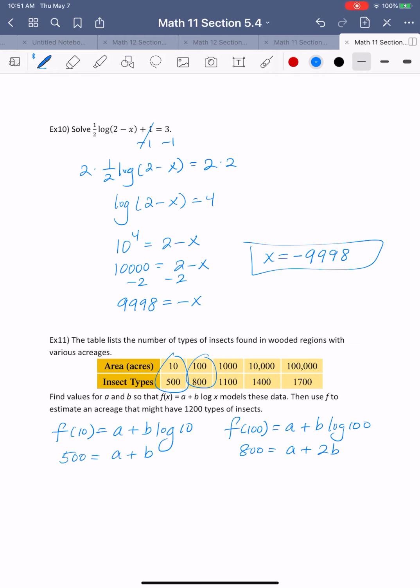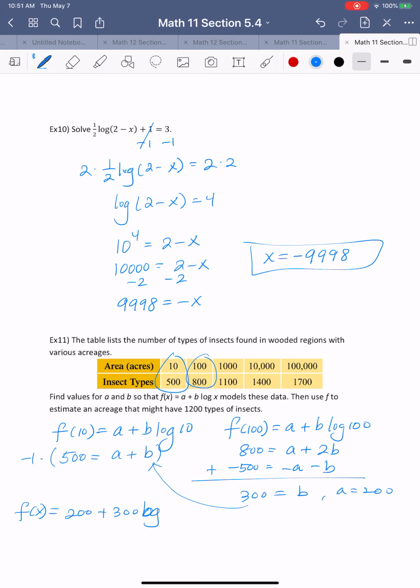Then I'm going to multiply this equation by -1. I got -500, -a minus b, add them up, 300 equals b. Now plug b in right here, so a is 200. So your f of x is 200 plus 300 log of x.